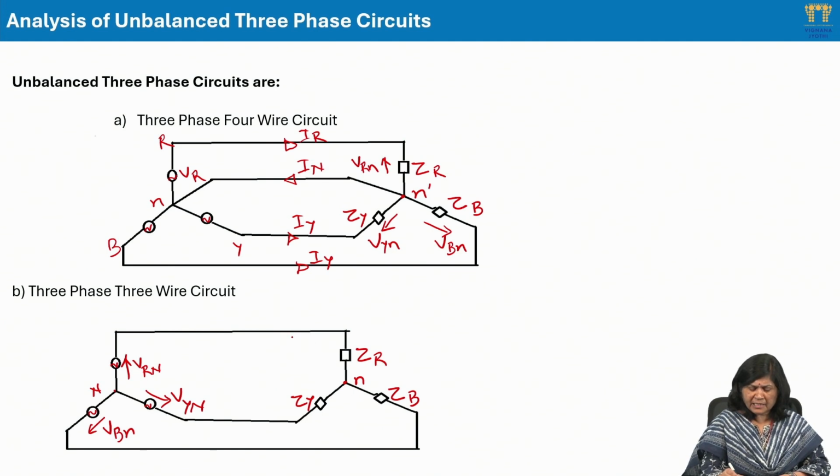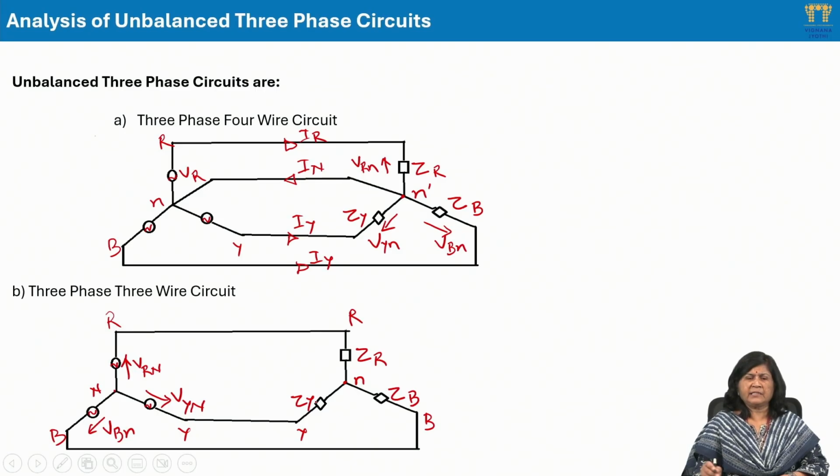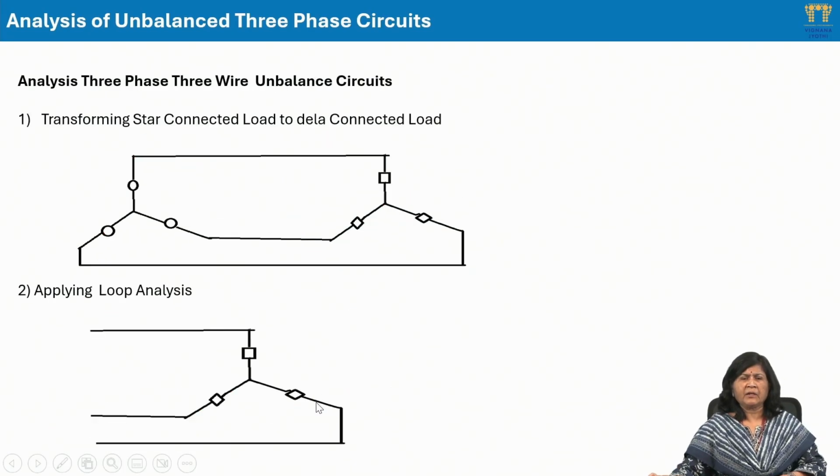Though their line voltages will be the same, right? I connect R to R, Y to Y, B to B. My line voltages are the same, but my phase voltages across the load are not the same.